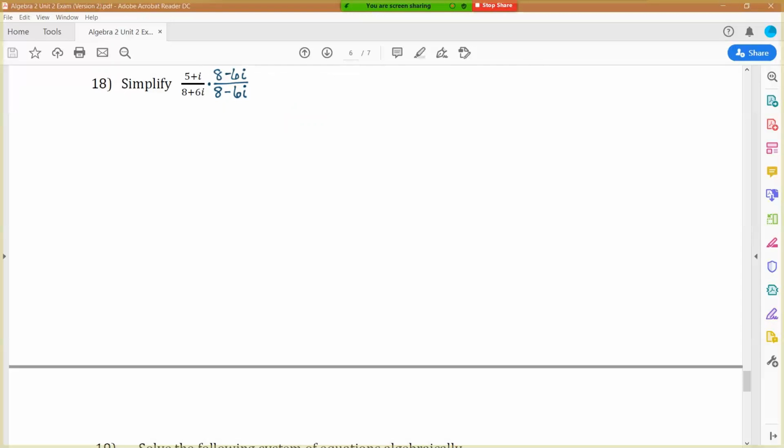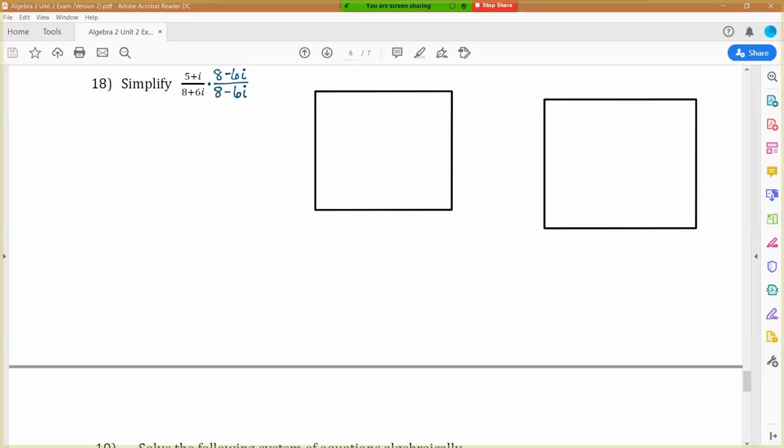So really, this is just two box problems. You're going to do a box problem for the top, and you're going to do a box problem for the bottom. So we're going to do one for the numerator, one for the denominator.